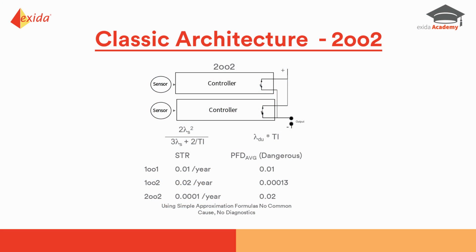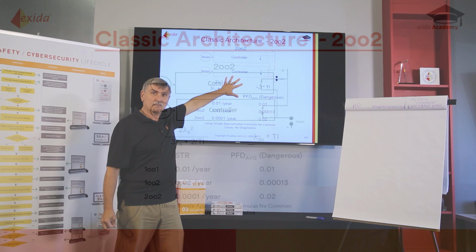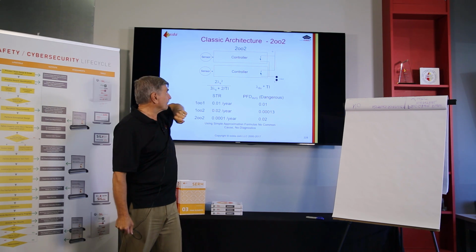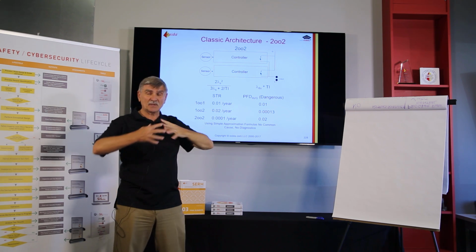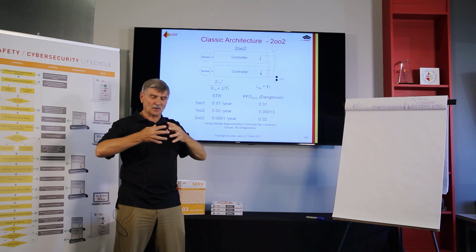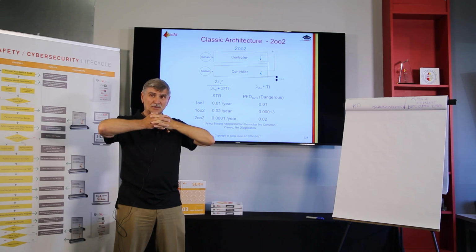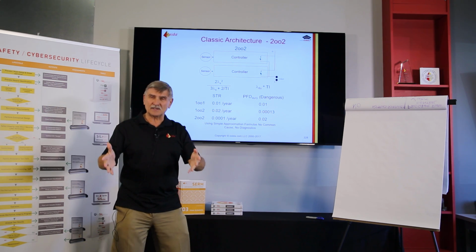But I don't like that 0.02. Yeah, in fact, the DCS redundancy was more like 2 out of 2. I wire 2 switches in parallel because I don't want the failure of a switch open circuit to de-energize the output.